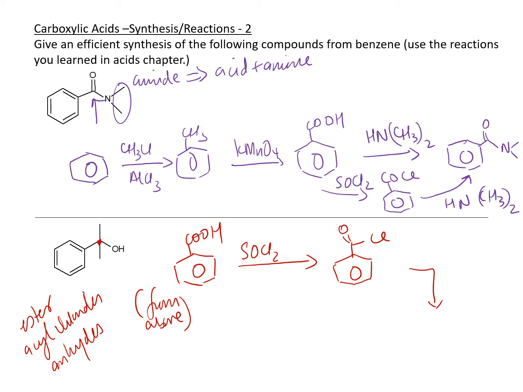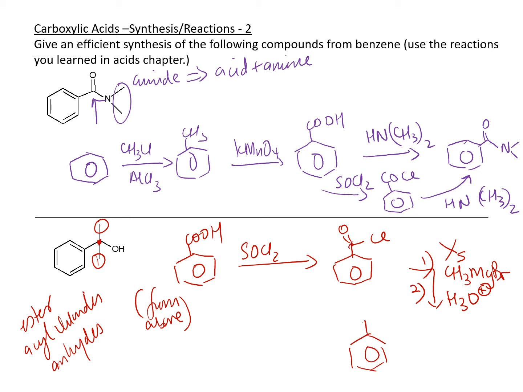Over here I have two methyl groups, so I need methyl magnesium bromide, and I'll write excess of that. Why? Because I actually need 2 moles, but whenever you have any reagent it's always going to be in excess. Then you need to do hydrolysis on that, and that should give you the product that you need.